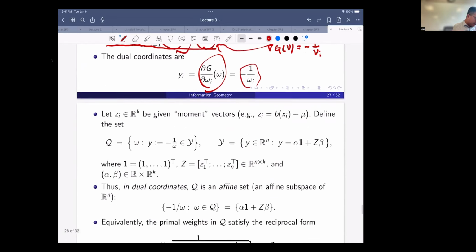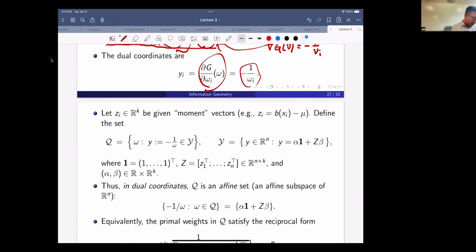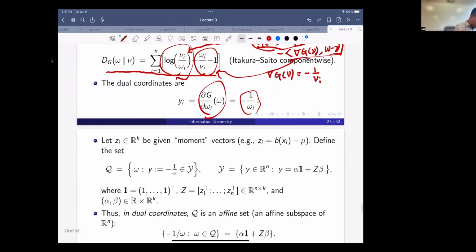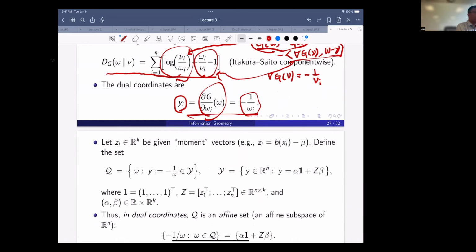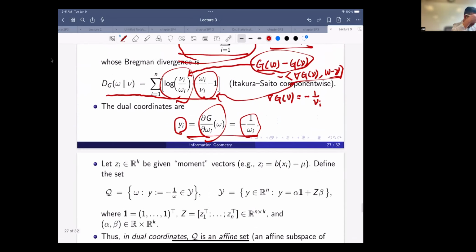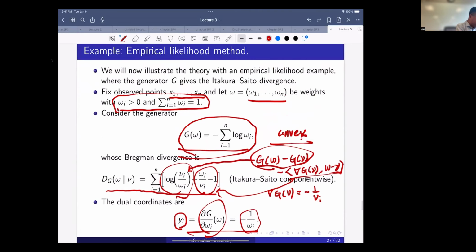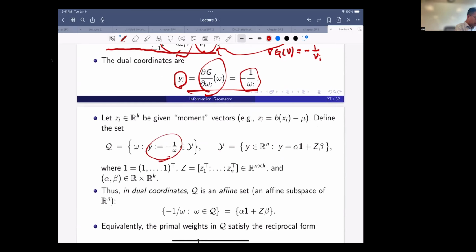So how do you define how to make it flat? Basically, see this guy characterizes the dual system, right? So the dual coordinate system. Originally you have an omega, so this is the original zeta coordinate system, while this is the dual, which is the minus inverse. And then suppose we have a certain sufficient statistic.